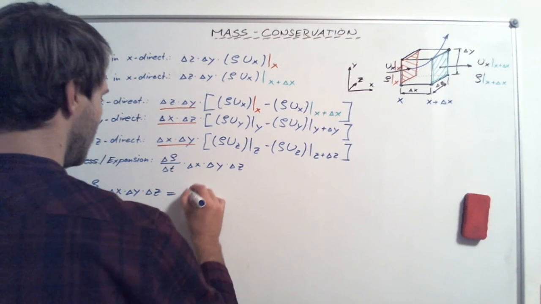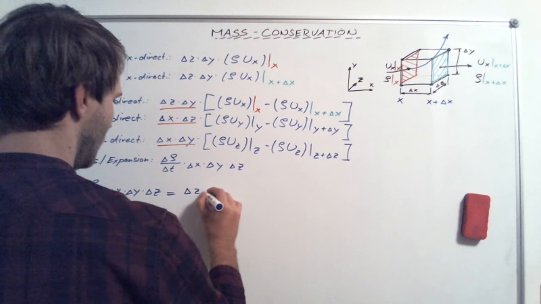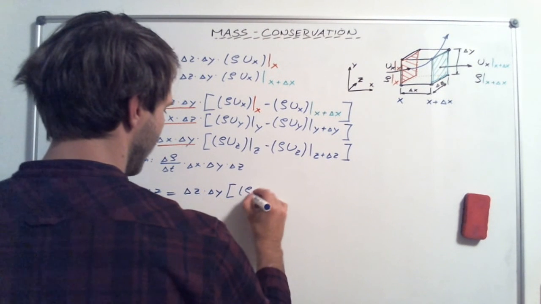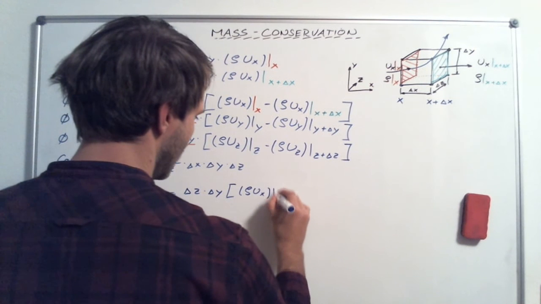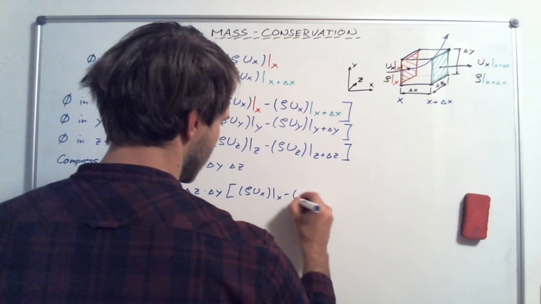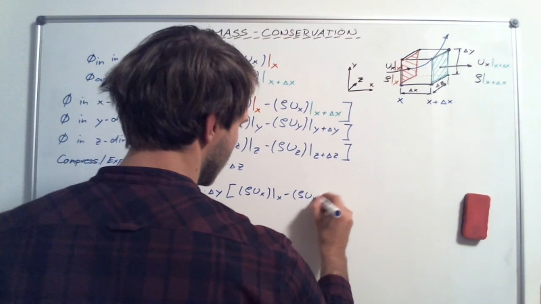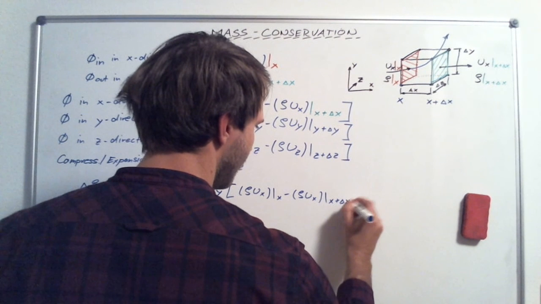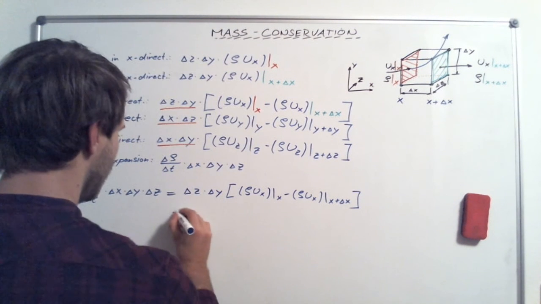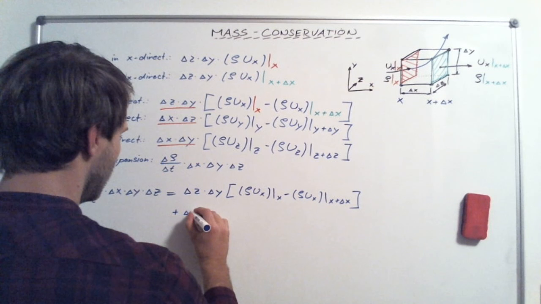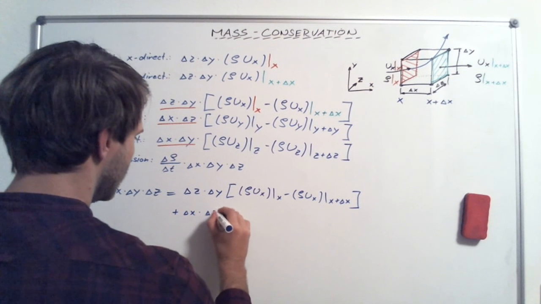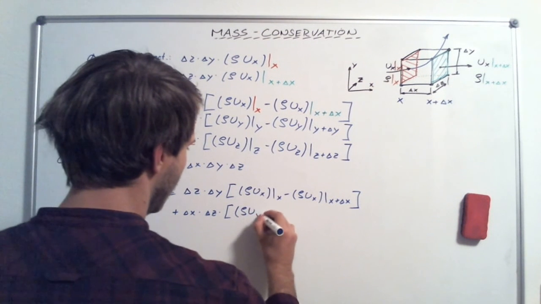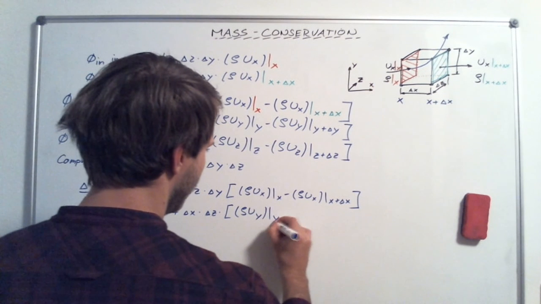This has to be equal to density ux at position x, minus density ux at the position x plus delta x, plus the same in y direction, multiplied by delta x and delta z, density uy at the position y.